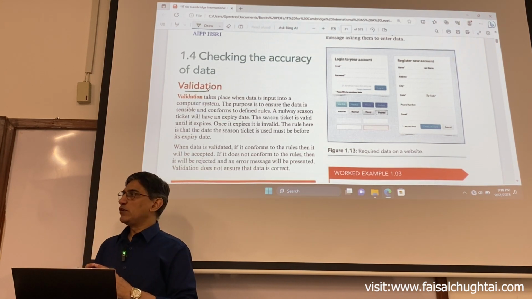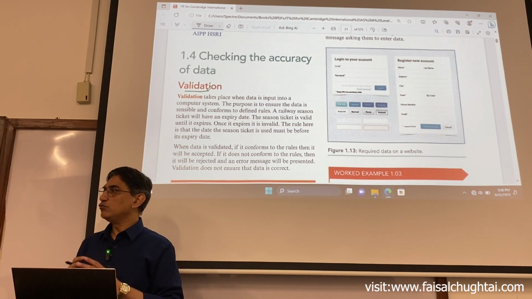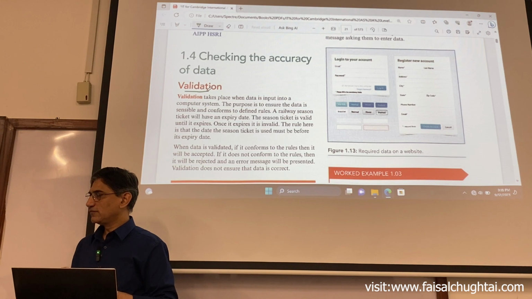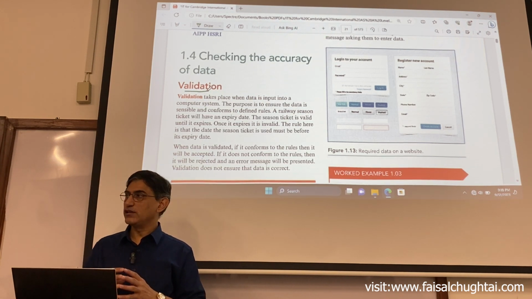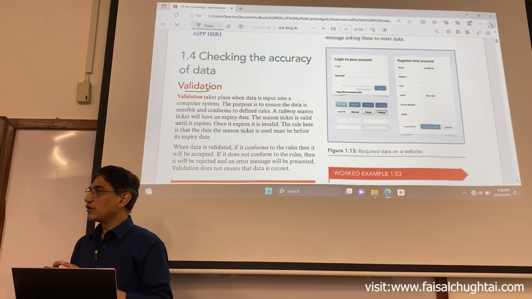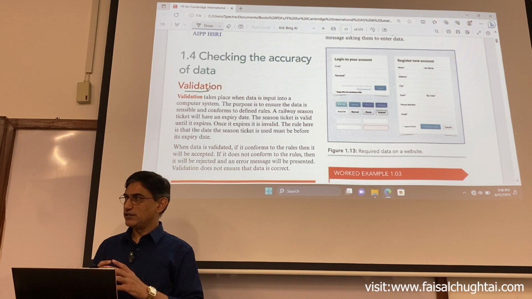And another aspect to validation is that validation is not a manual way of checking for errors in your input. Instead, it is a computerized method of checking for errors in data. What do I exactly mean by that?